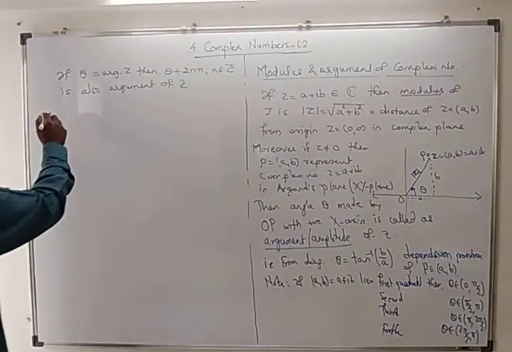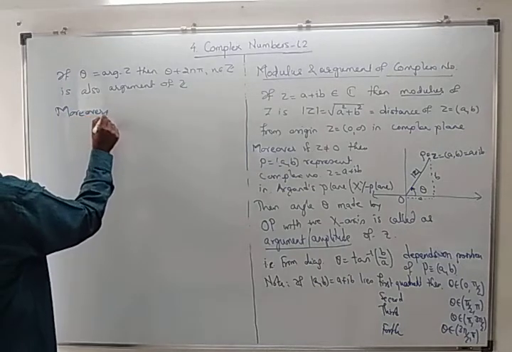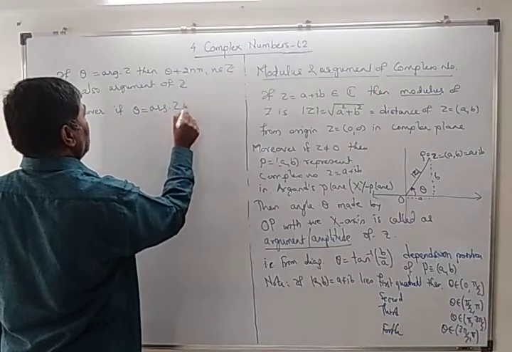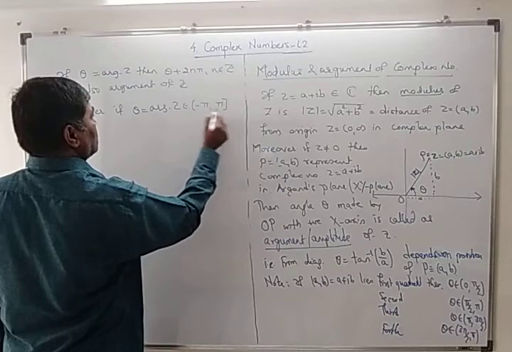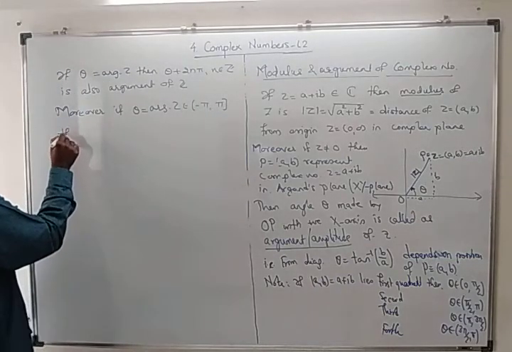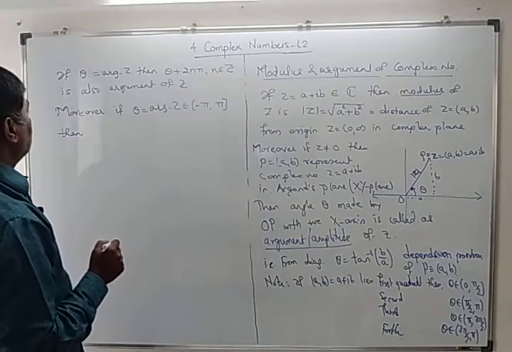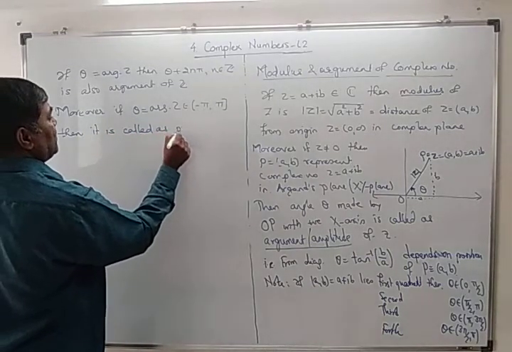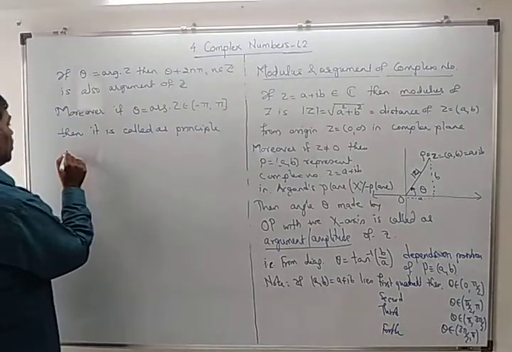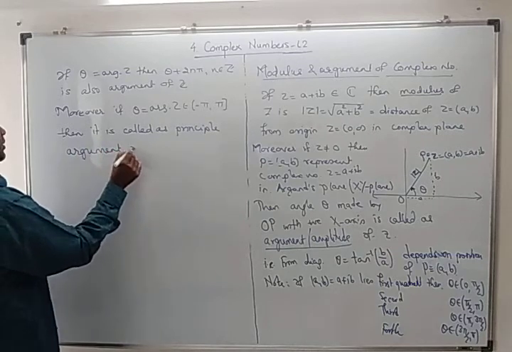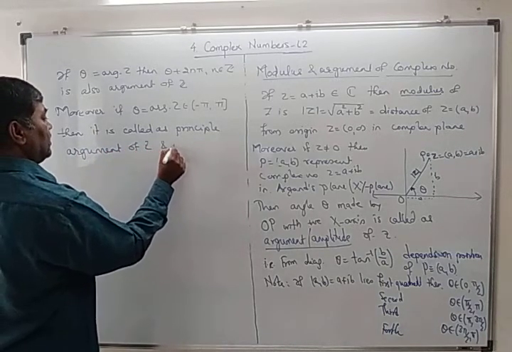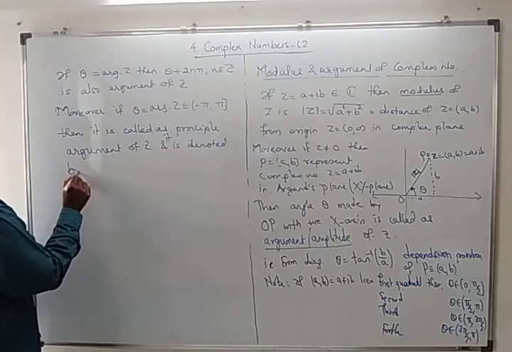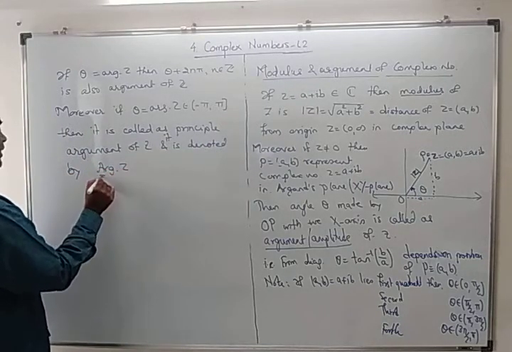Okay. Moreover, if theta is equal to the argument of z and belongs to minus pi to pi, then it is called the principal argument of z, and it is denoted by Arg z with capital A, note it.